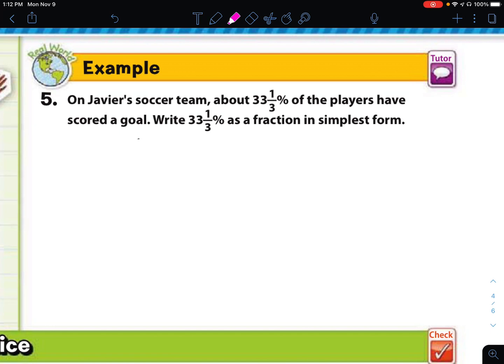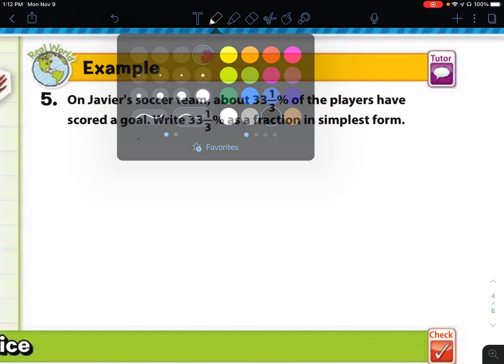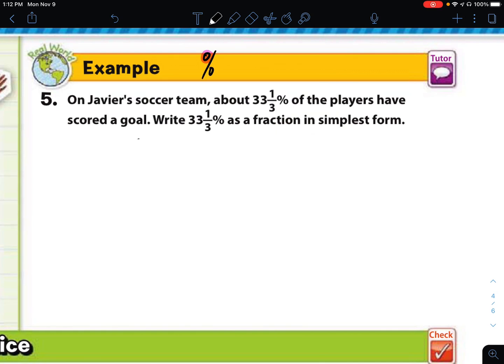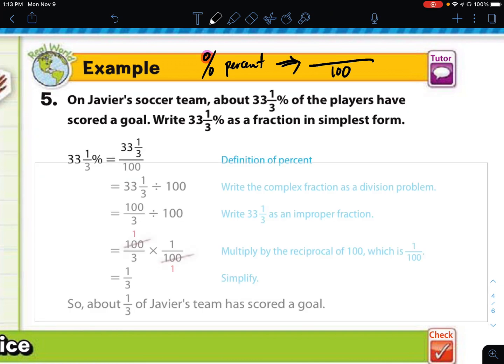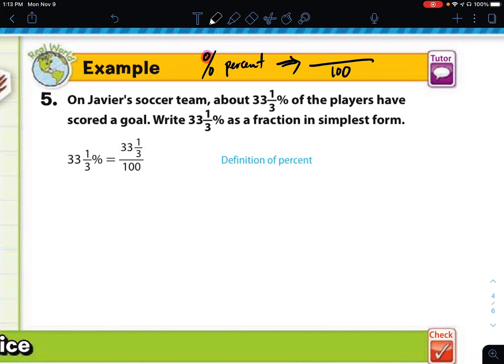The percent sign simply means that you have a fraction over 100. So here, when you have 33 and 1/3%, it simply means that you have 33 and 1/3 over 100. Again, that's the definition of what a percent is.